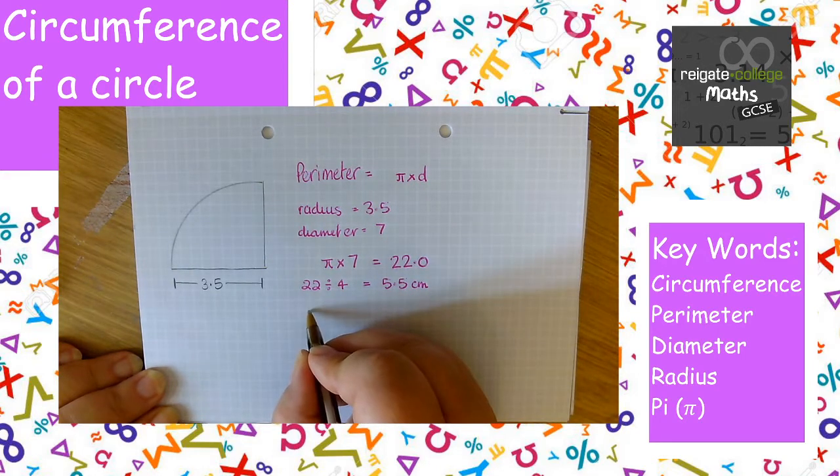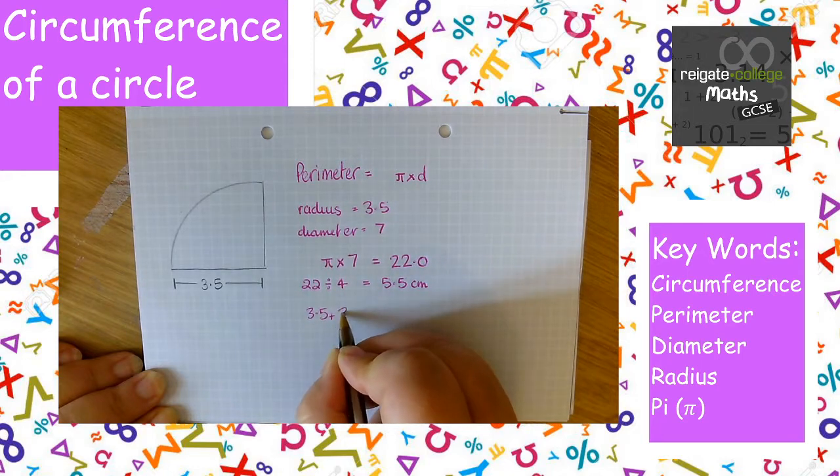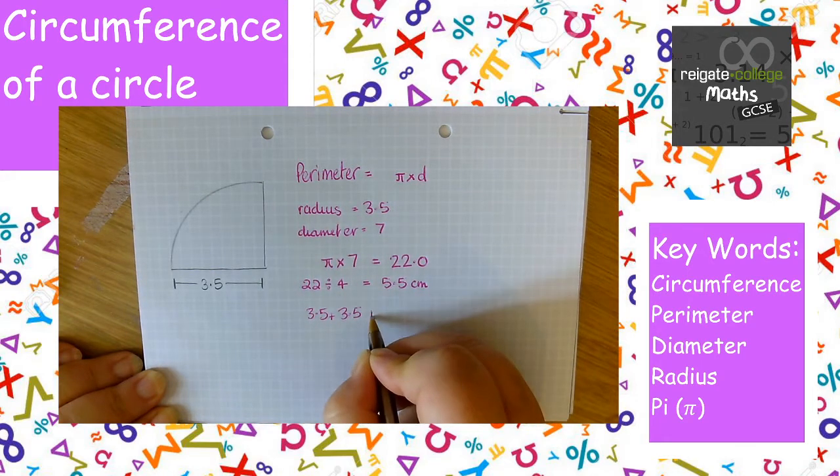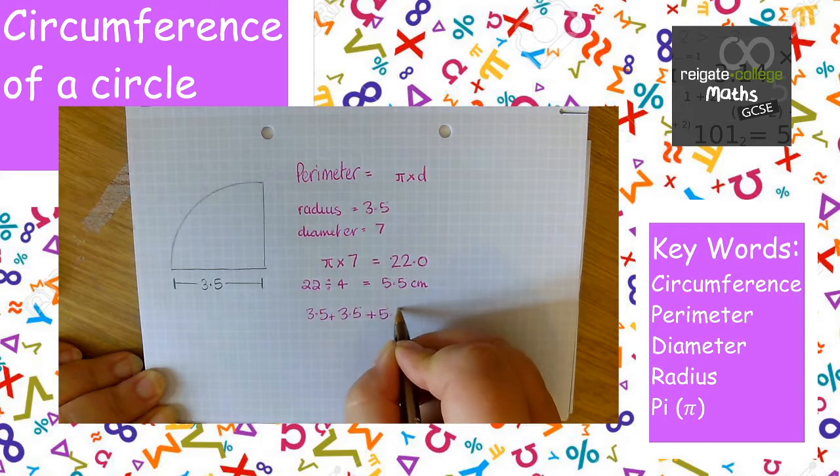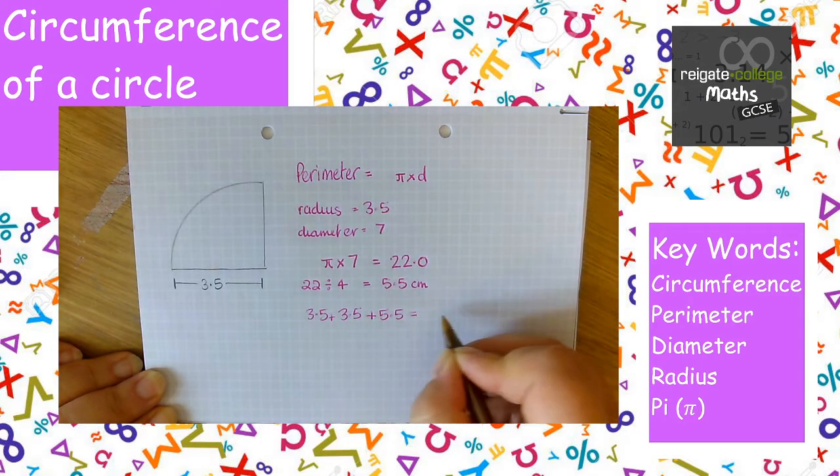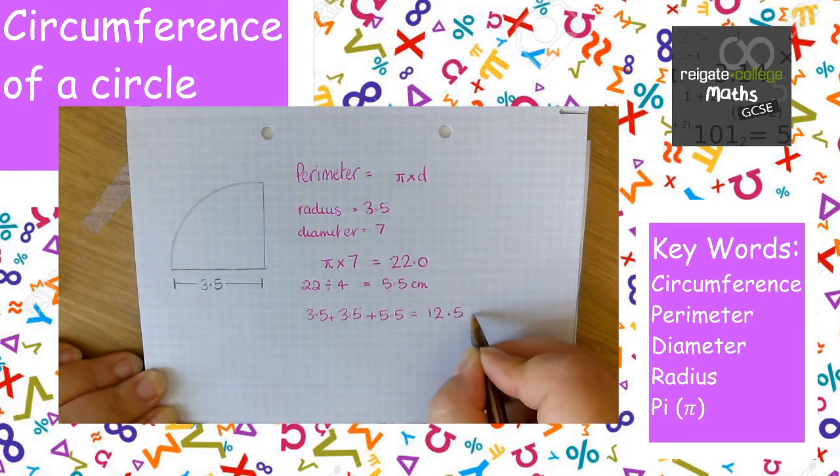So that would be 3.5 plus 3.5 plus my quarter of a circle gives me a total measure for the perimeter of this shape as 12.5 centimetres.